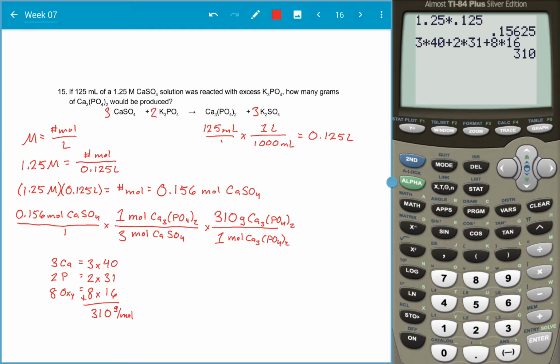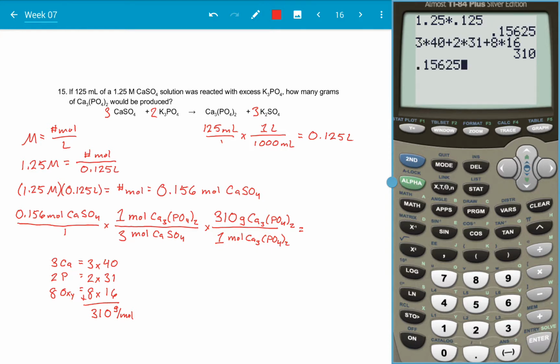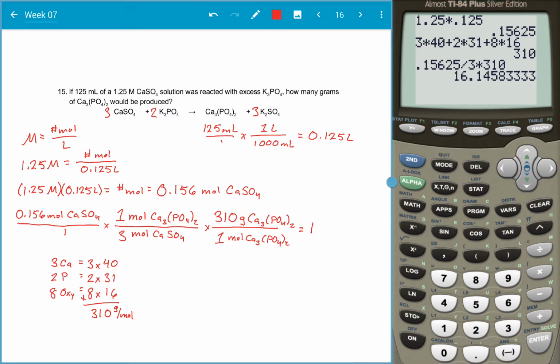Now, we're in the units the question asks for. We can pop in an equal sign and do some math. So, we take our moles of calcium sulfate, that would be divided by 3 times 310 grams, gives us 16.1 grams of calcium phosphate, which would be our final answer.